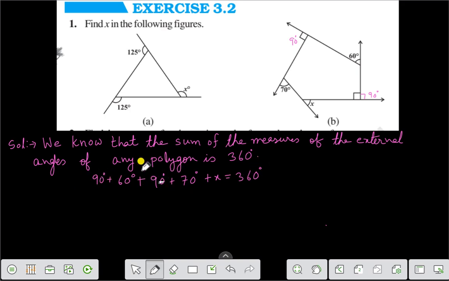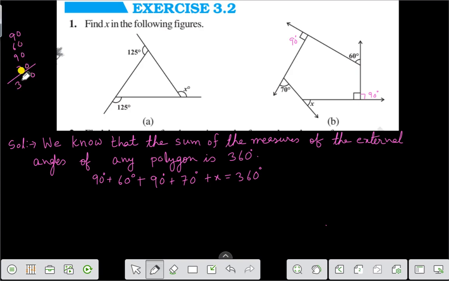If we add all the numbers, let us add, that is 90 plus 60 plus 90 plus 70. This is 0. 9 plus 7, that is 16. 16 plus 6, 22. 22 plus 9, 31.